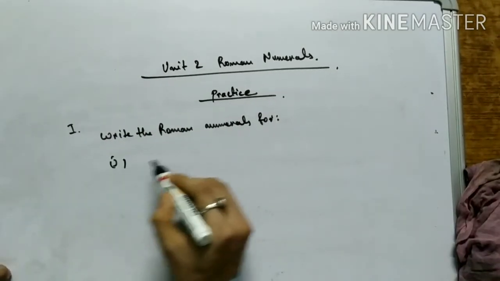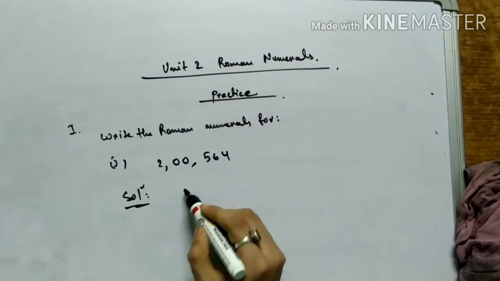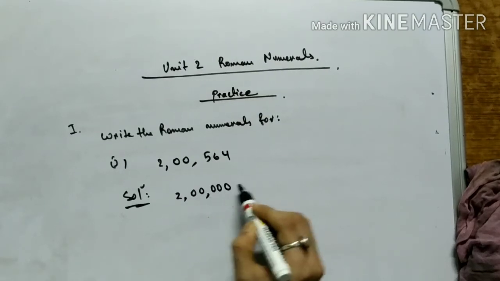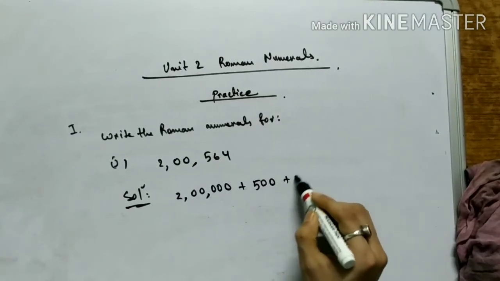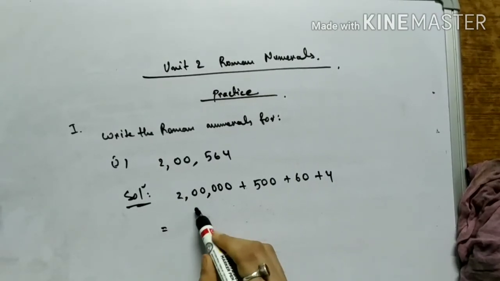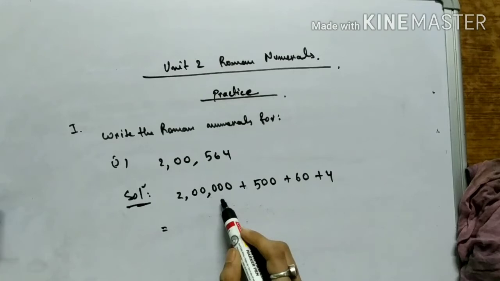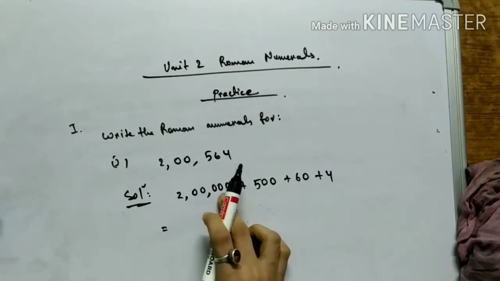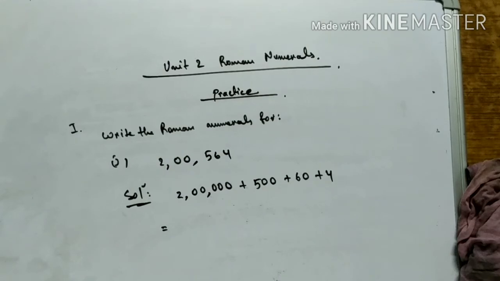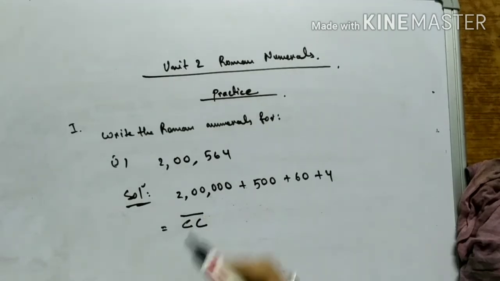And then the next one, number J, you see 200,564. So this one I can write as 2 lakhs plus 500 plus 60 plus 4. So 2 lakhs means it is 200,000. 200 means we know CC, and CC with a bar gives 2 lakhs.